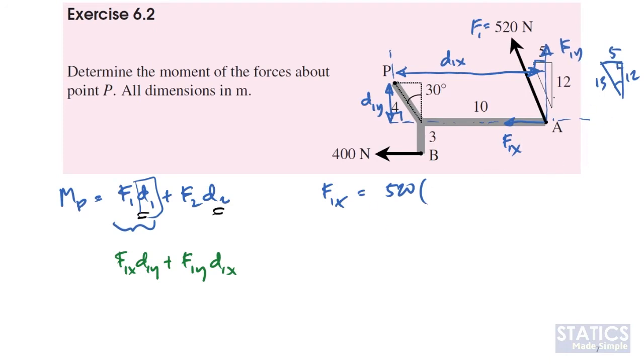We want to know the sine of this angle to determine the component of F1 along X. Let me go about this slowly. That will be equal to 520 times the sine of the angle theta, which is 520 times 5/13 Newton. That's our F1X.